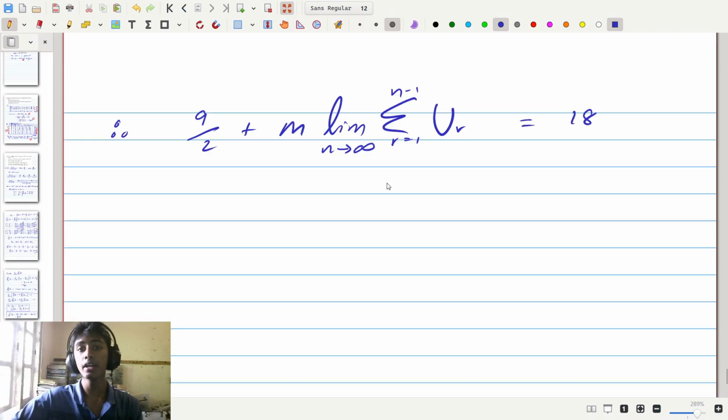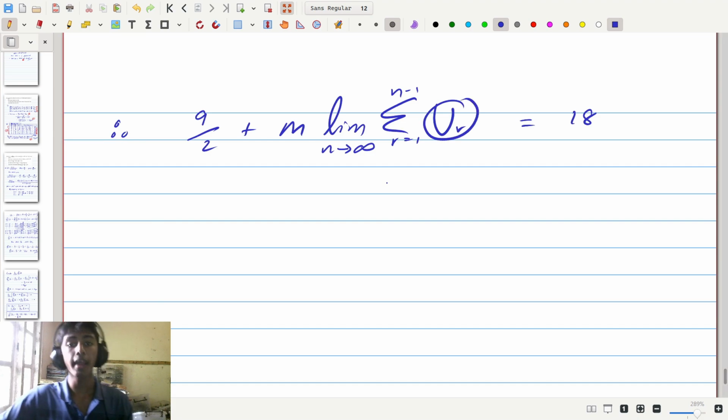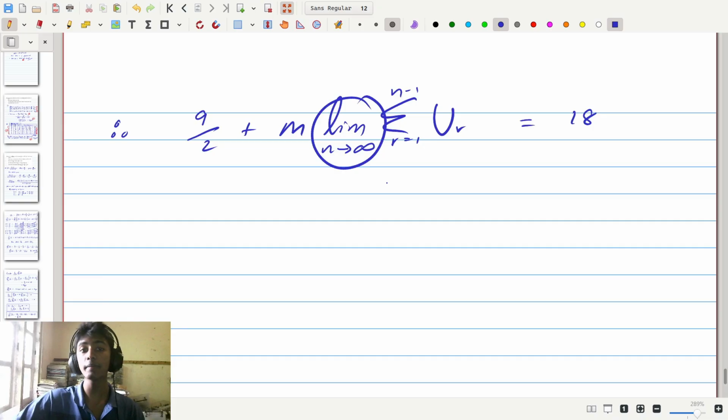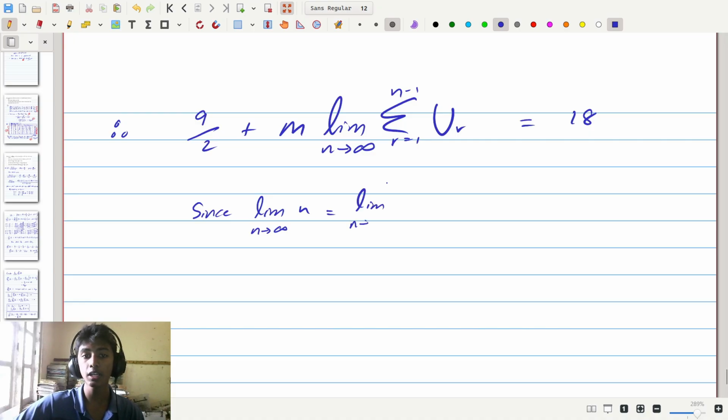Now finally, note that the sum from r equals 1 up to n minus 1 of u of r and the sum from r equals 1 up to n of u of r, as we take the limit as n approaches infinity, are going to be exactly the same. Since the limit as n approaches infinity of n is equal to the limit as n approaches infinity of n minus 1, this upper limit of the sum is going to still be equal to infinity.